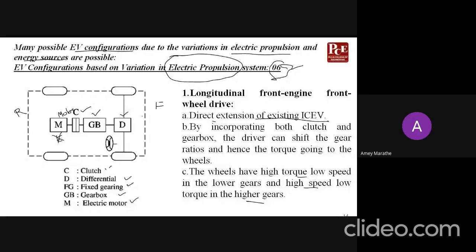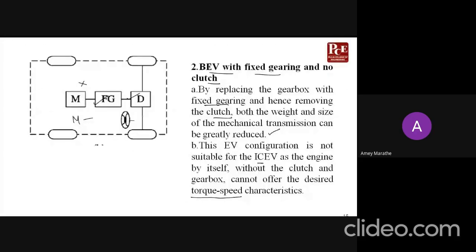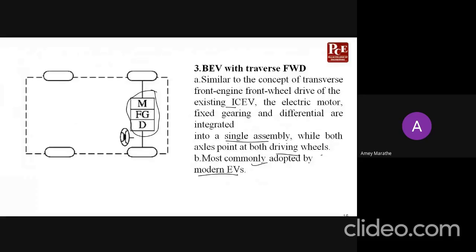In the second one, we no longer require the clutch because we have moved from variable gearing to fixed gearing. So we only require motor, fixed gearing and differential, but that is placed in a longitudinal way. Next, we can place the same arrangement in a transverse way and we can achieve front wheel drive.